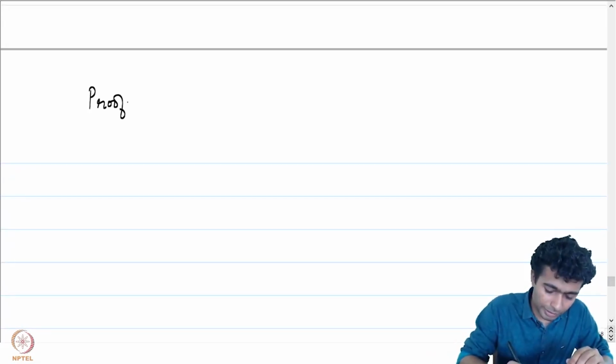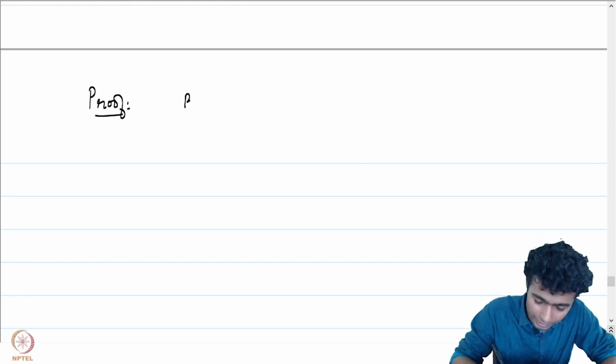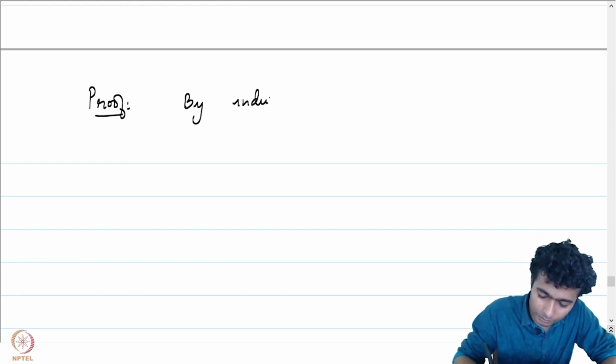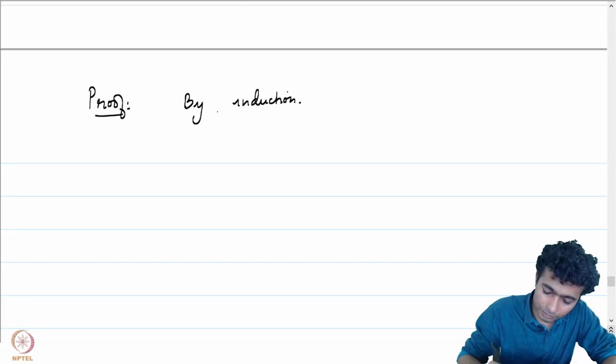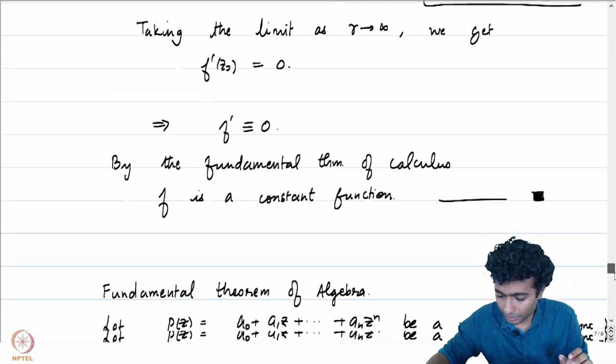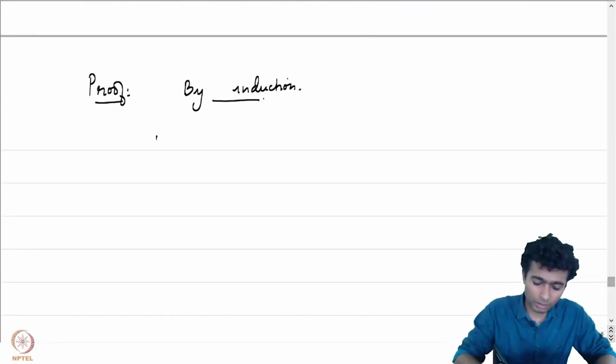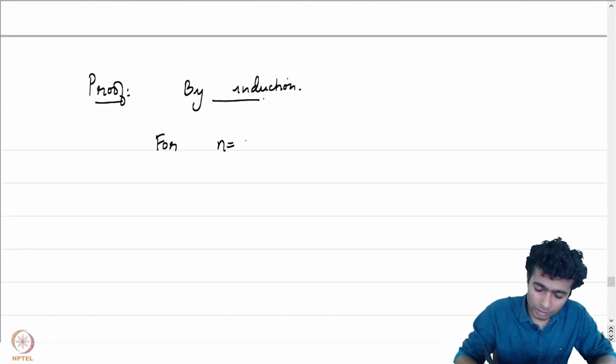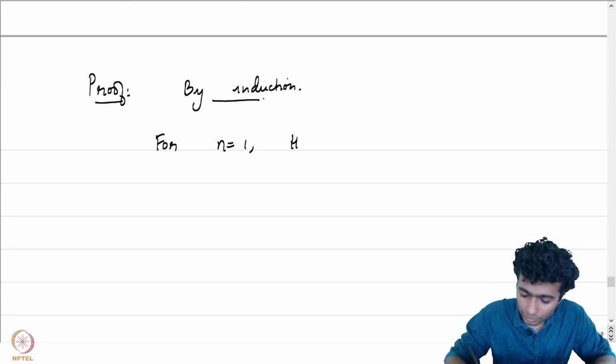The proof is going to be by induction. Proof is by induction. For n equal to 0, it is not being considered. For n equal to 1, the theorem is straightforward.